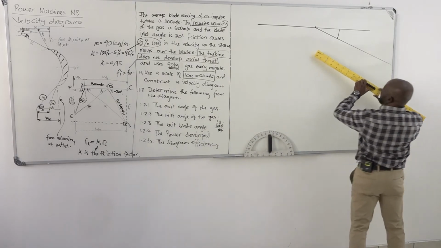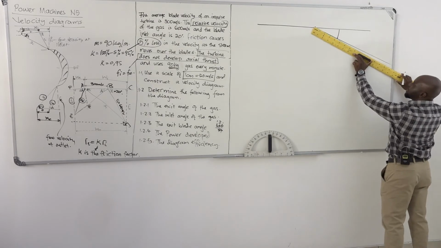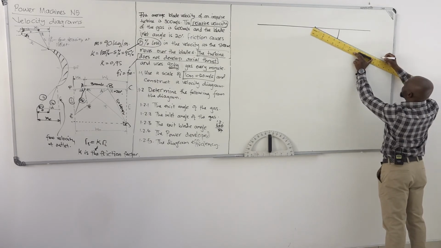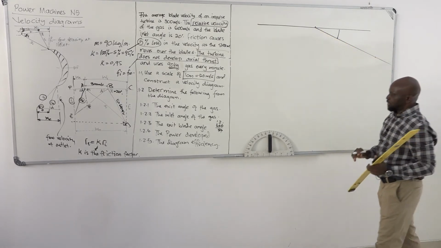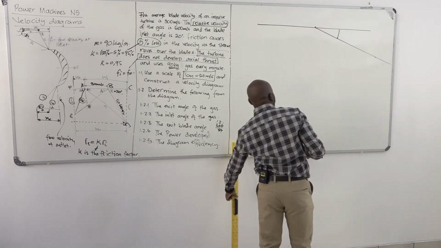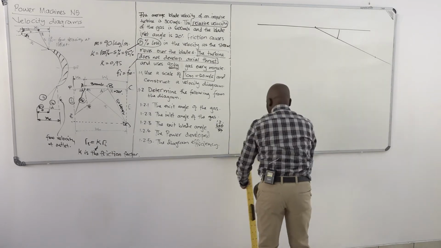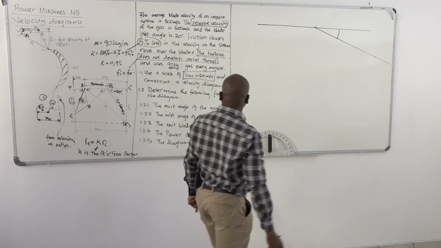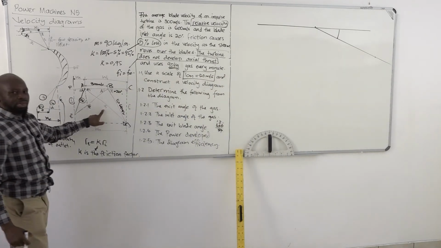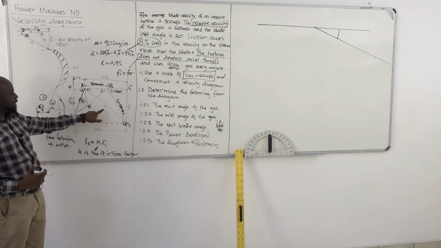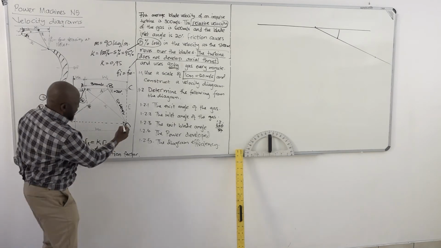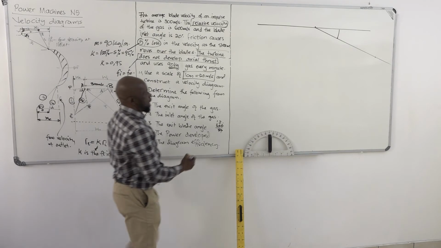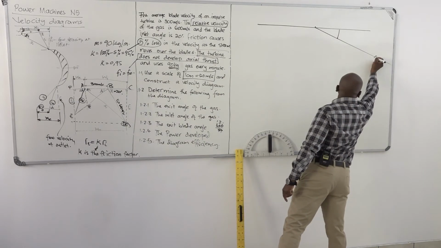From B, I'm going to mark my 12 centimeters, somewhere there. That's my 12 centimeters. Since I don't have the speed at inlet, what it simply means is I now have point D by virtue of having this point there.